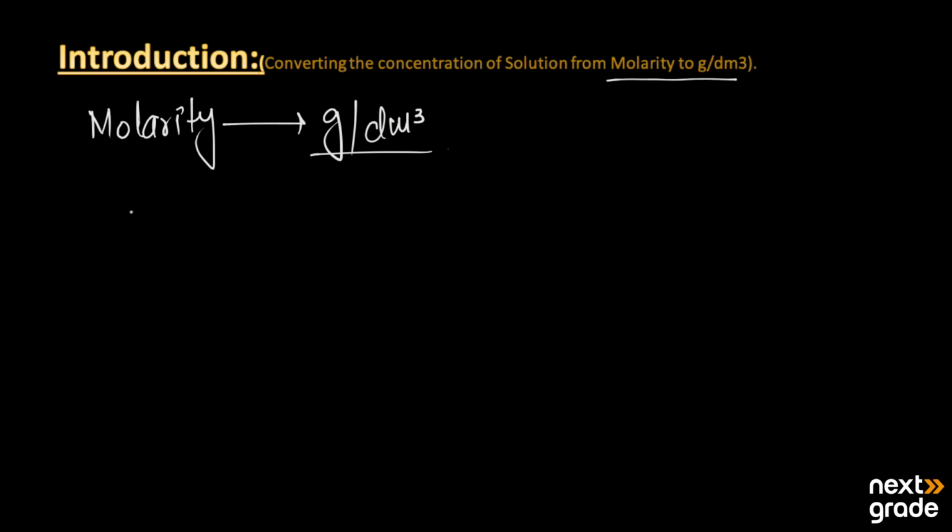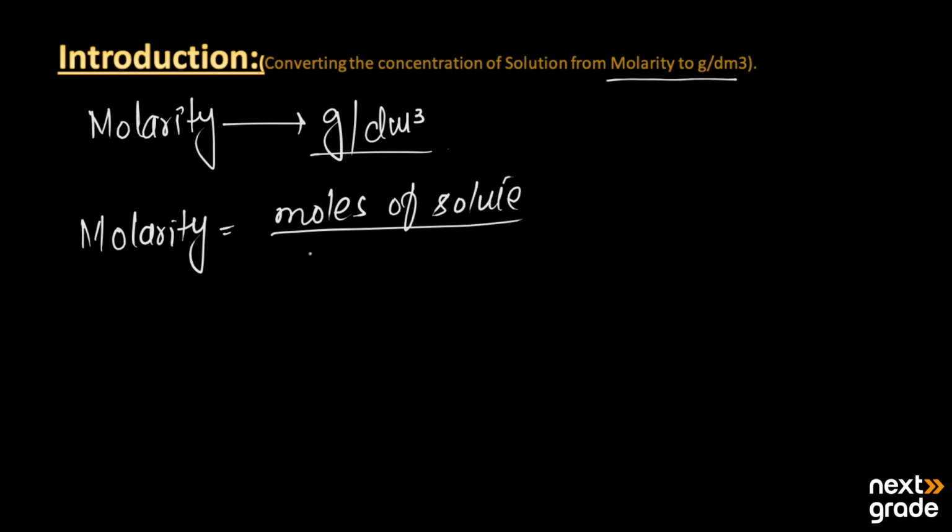We will use the formula of molarity, but by rearranging it. For example, molarity is equal to moles of the solute divided by volume of solution. So to find the gram per dm cube of the solution, we need to know the number of moles.